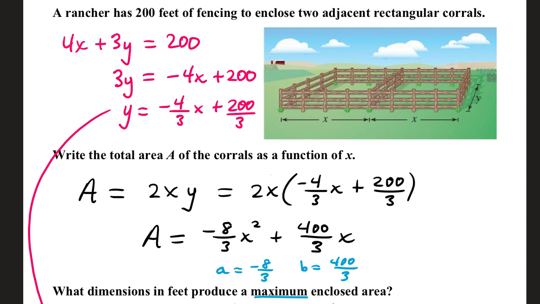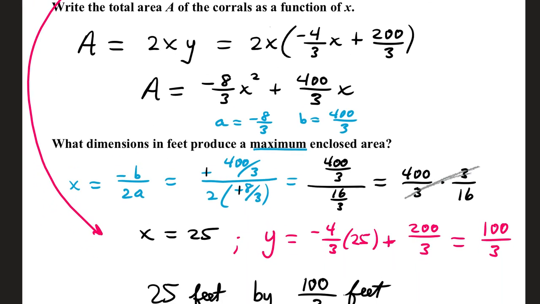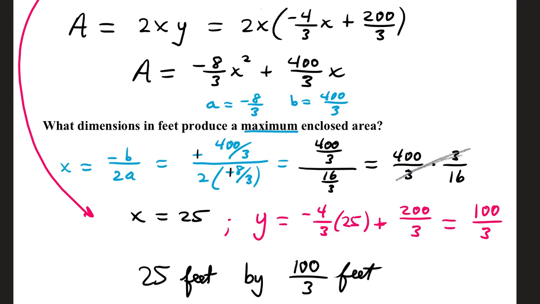Since we're looking to maximize, let me scroll up a little. Anytime you're asked to minimize or maximize and your function's quadratic, meaning it has a dominant power of 2, you want to calculate the vertex.